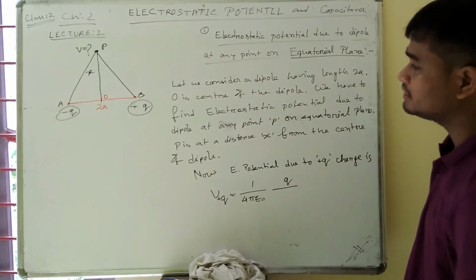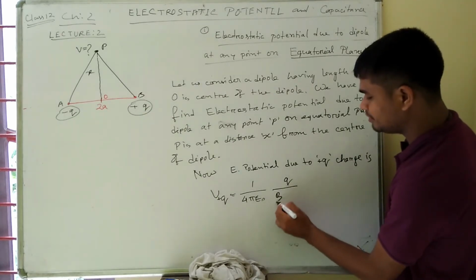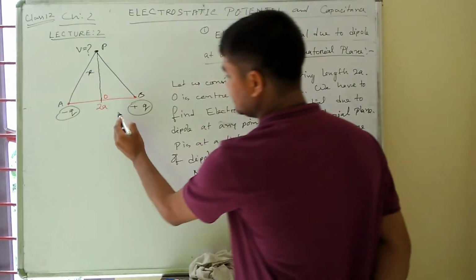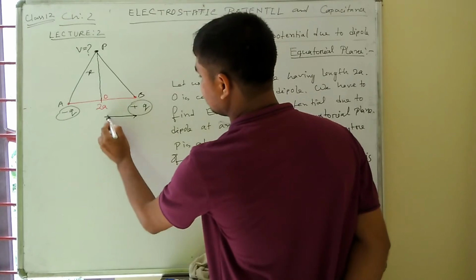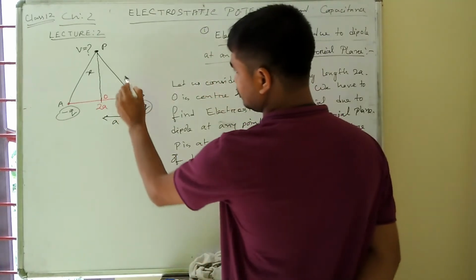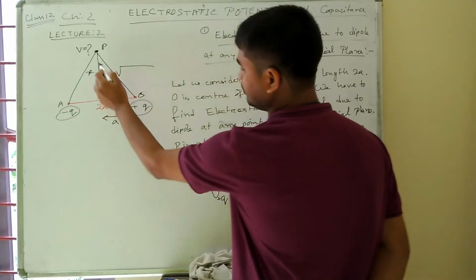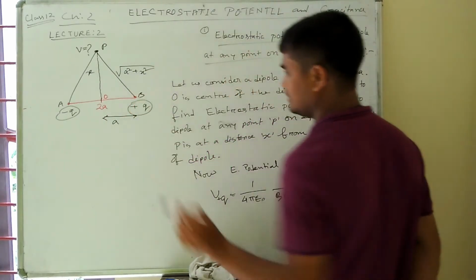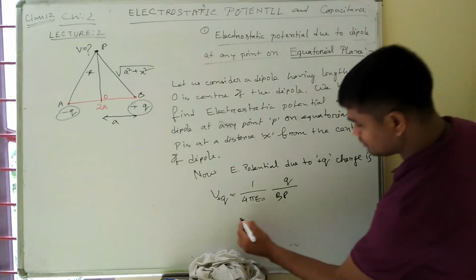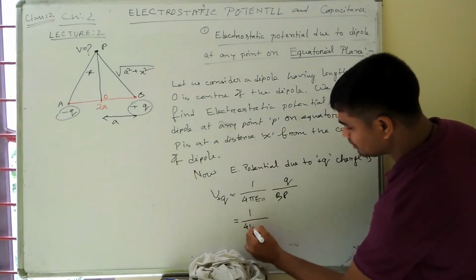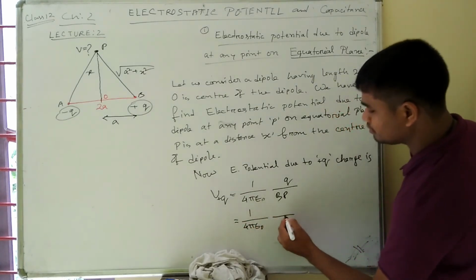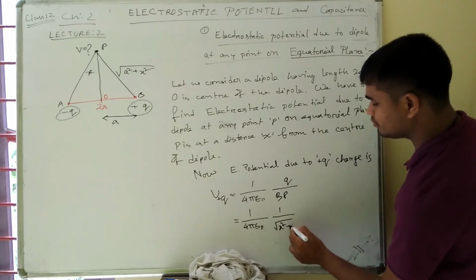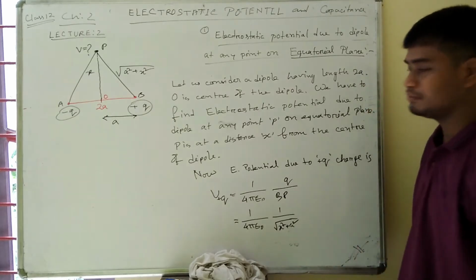That distance is BP. What is the distance BP? This is x and this is a. From the Pythagoras theorem, this value is root over a square plus x square. So its value is 1 by 4 pi epsilon naught q by root over x square plus a square.